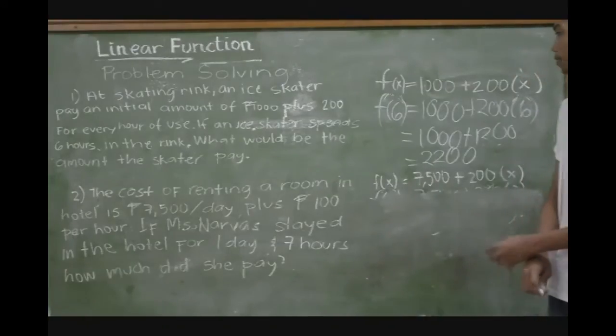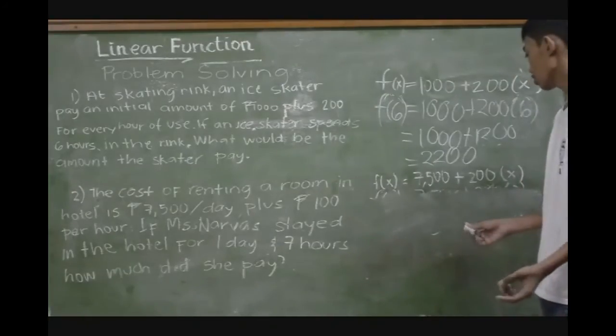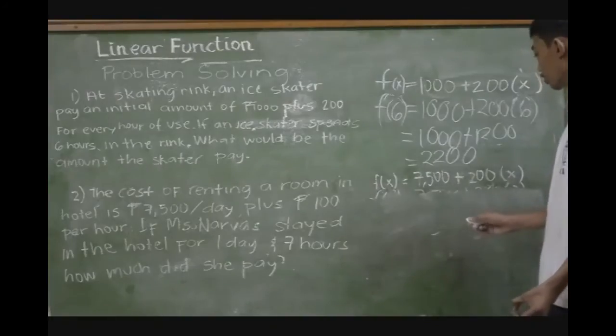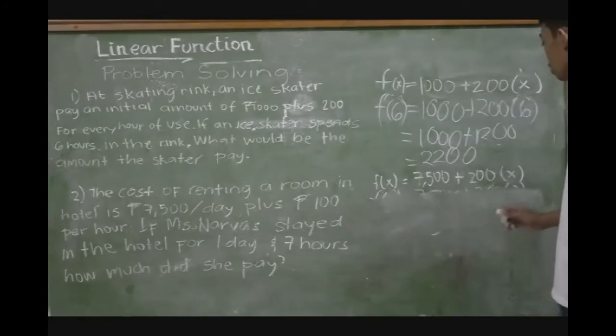The equation for this problem is f of x is equal to 7,500 plus 200 times x, where x is the hours Miss Larvas stayed in the hotel.